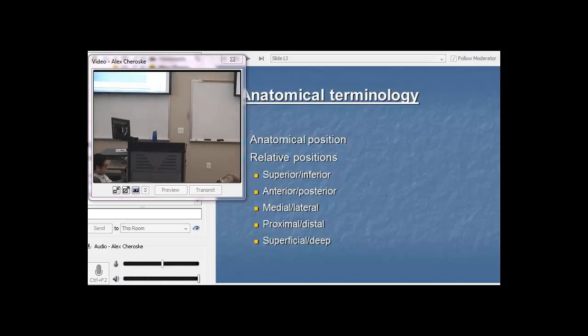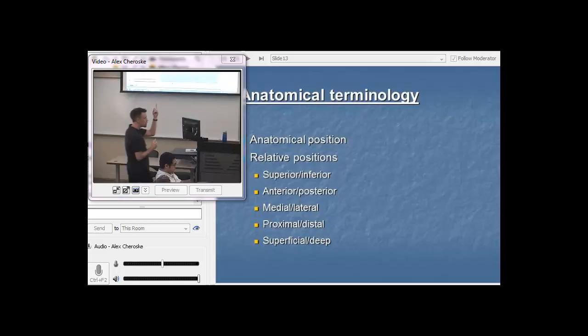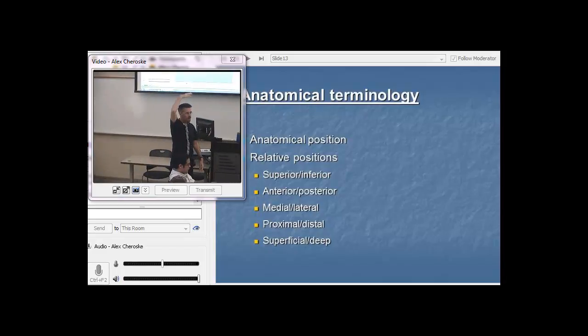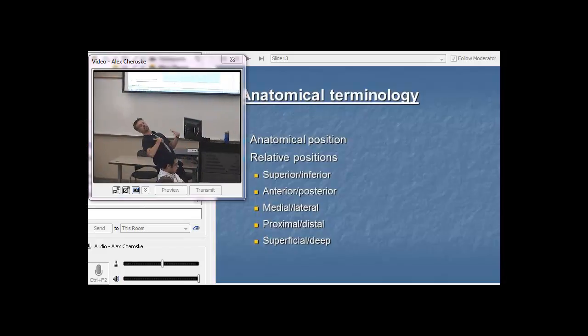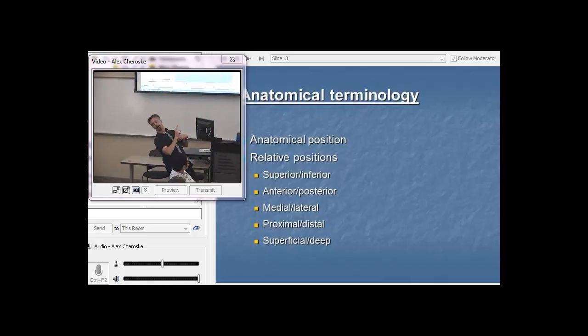An anatomical position is a standardized way of thinking of the position of your patient so that when people are writing notes, they can always think of their patient being oriented that way. So there's no question of, did he mean that when he said superior, is that superior on top of his head? Or wait a minute, he's laying down, so superior is up here because that's up now, right? You want to know exactly how they're going to be positioned.